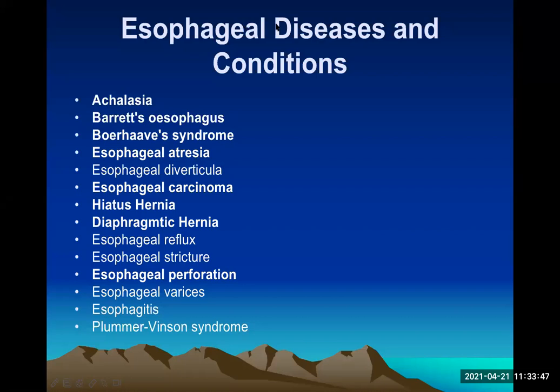Esophageal diverticulum. Now there are two types of esophageal diverticula we have. One diverticulum occurs in relation to the pharynx, so we call that pharyngeal diverticula as well. This occurs in the upper part of the esophagus or lower part of the pharynx.